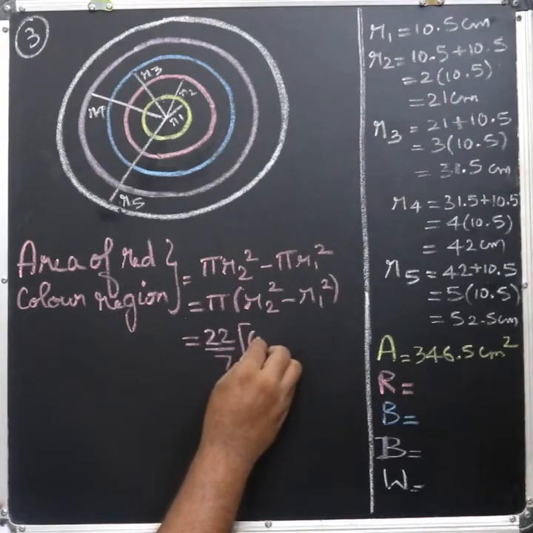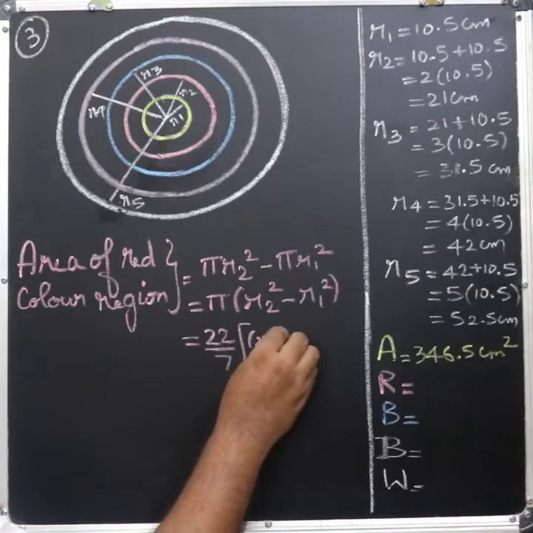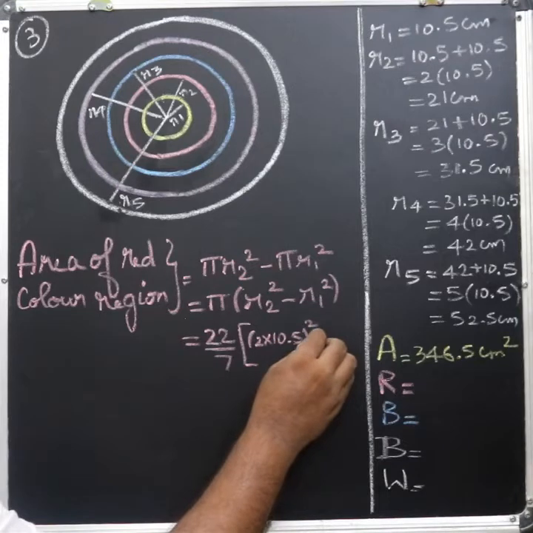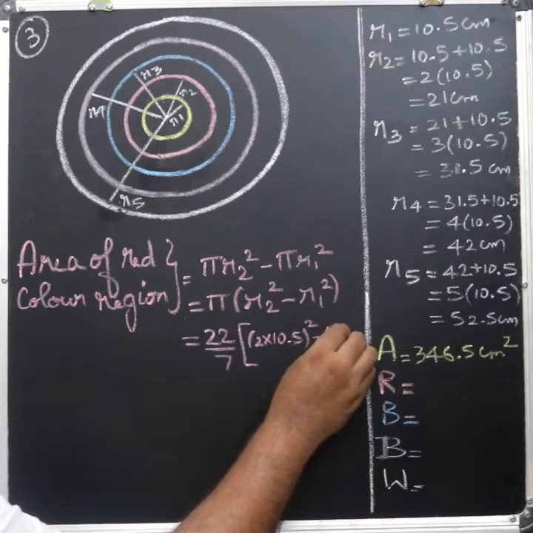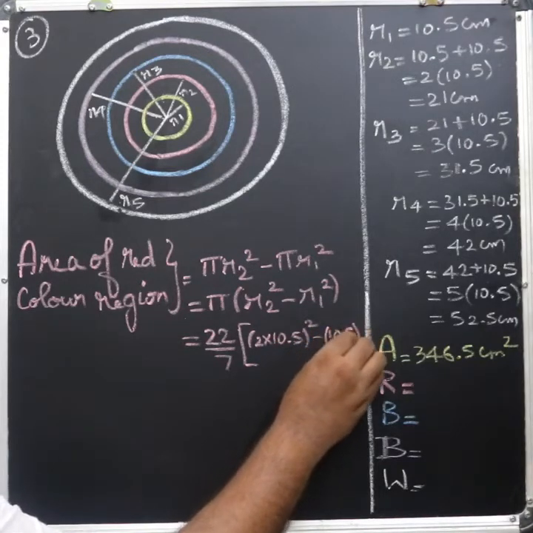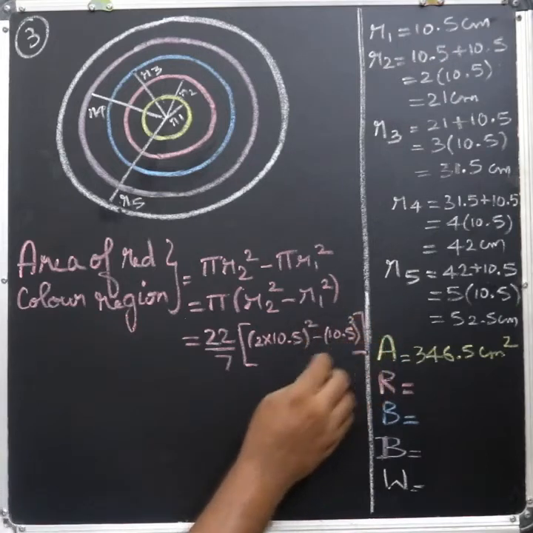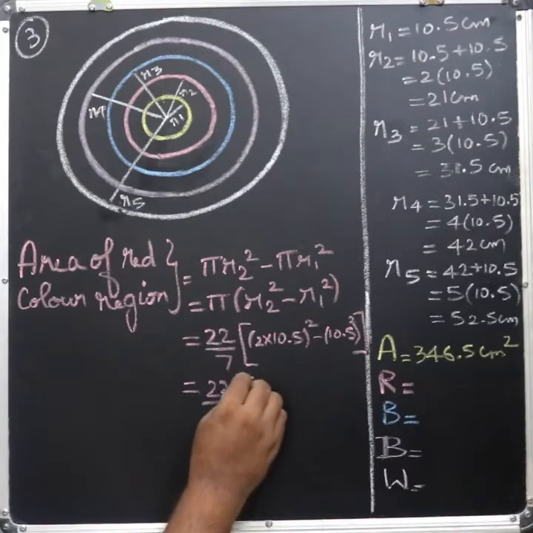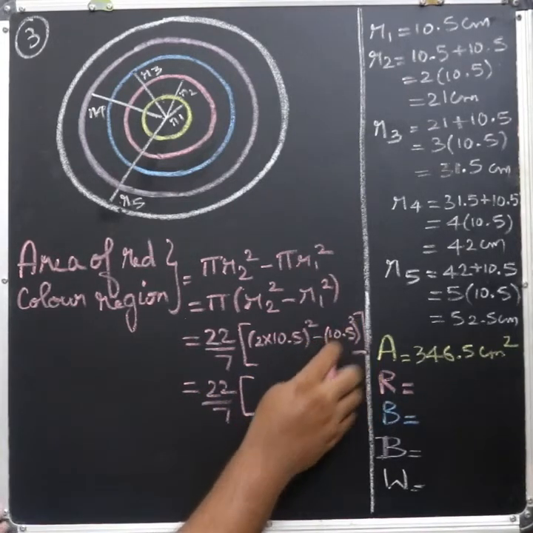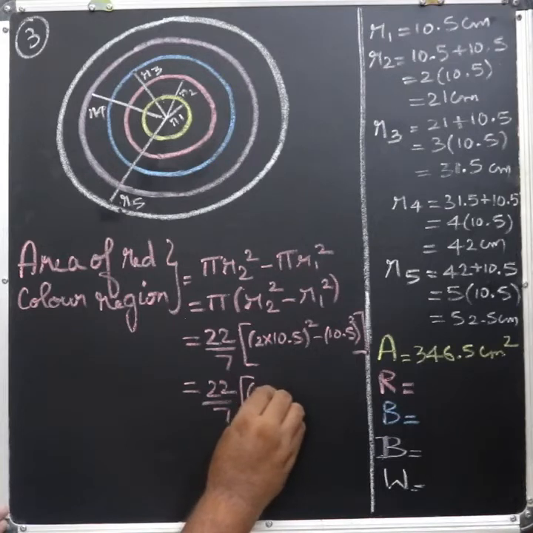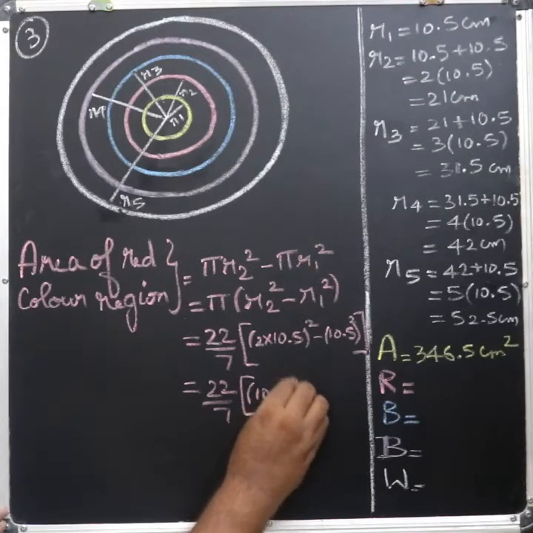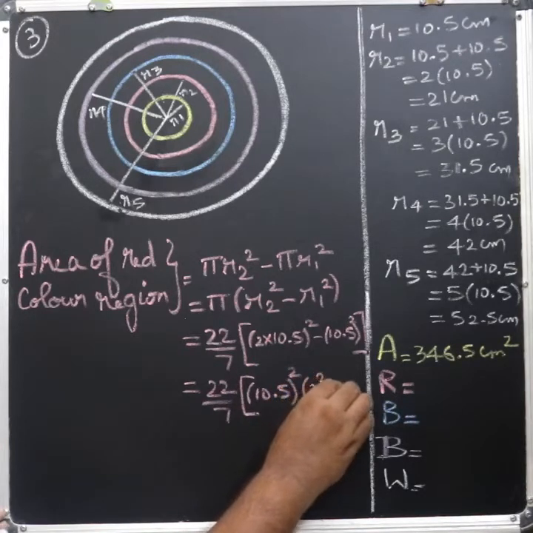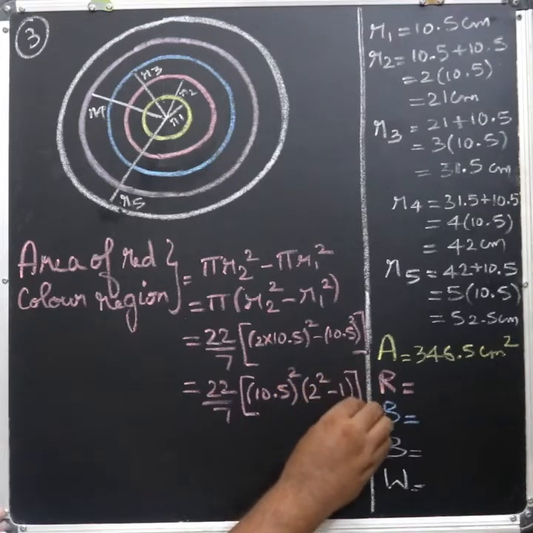So we are going to write it as 2 into 10.5 the whole square minus 10.5 the whole square. Now you can see 10.5 the whole square is common. Taking that commonly outside, we have 2 squared remaining in the first term and 1 remaining in the second term.